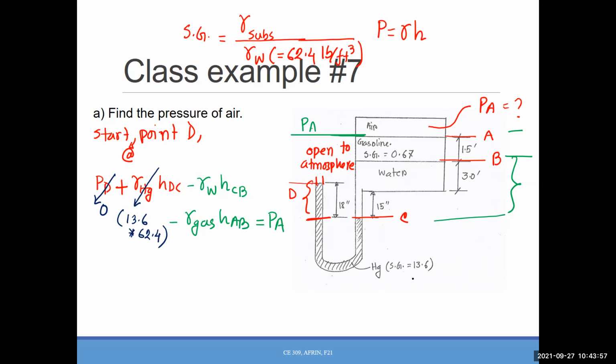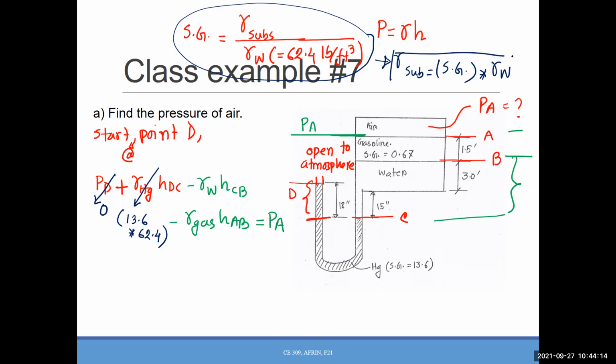SG, because SG is given. And what will be that here? That one was from your test 1. I will deduct points from your test 1 if you can't answer this question.